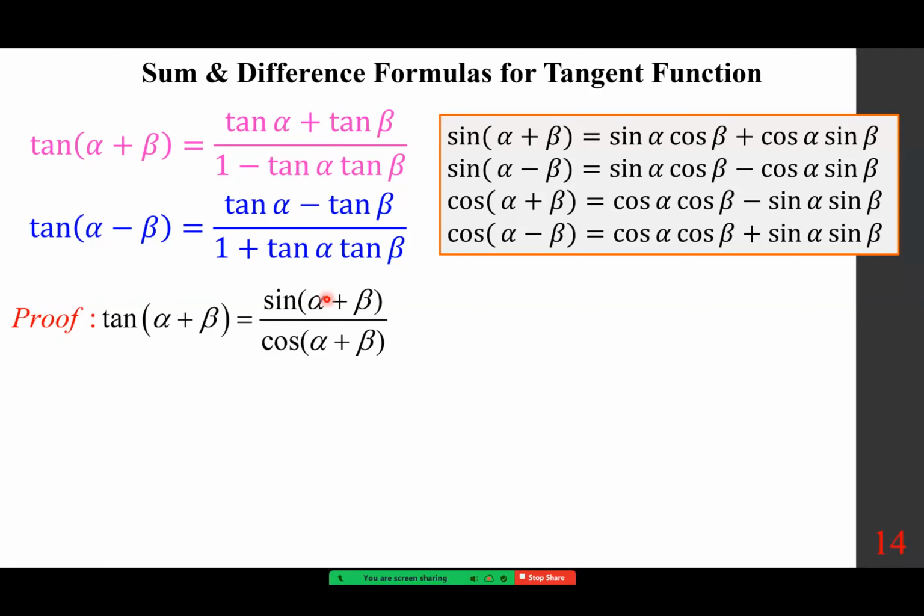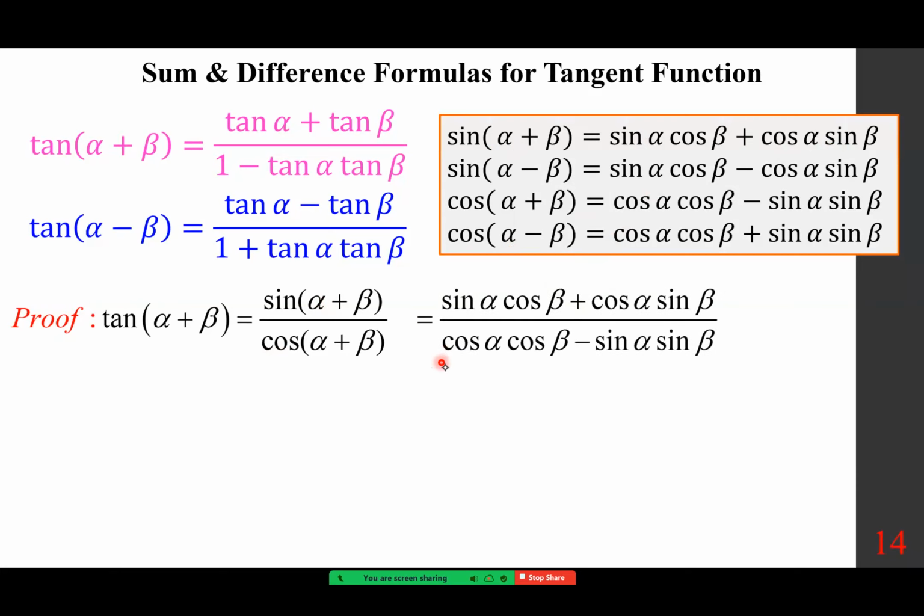Let's expand it. Sine of alpha plus beta, put it at the top: sine alpha cosine beta plus cosine alpha sine beta. Cosine of alpha plus beta, put it at the bottom: cosine alpha cosine beta minus sine alpha sine beta. Now we're going to divide the top and the bottom by something to give us what we are looking for.